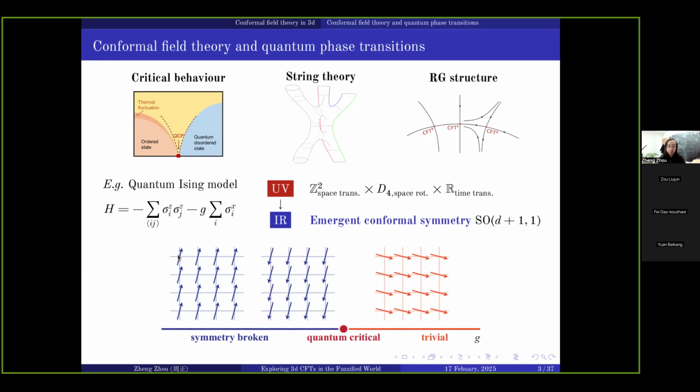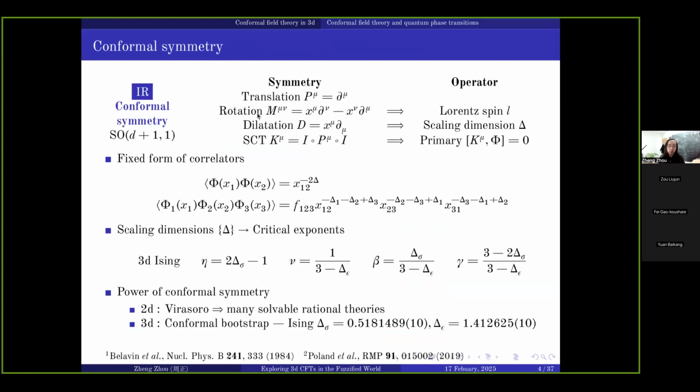If we consider the space-time symmetry in the UV, in the microscopic model, it is very small: the discrete space translation and rotation and the time translation. But at the quantum critical point, in the infrared, or in low energy or long wavelength, there will be a very large emergent conformal symmetry generated by translation, rotation, dilatation, and special conformal transformation. These symmetries form a group SO(d+1,1).